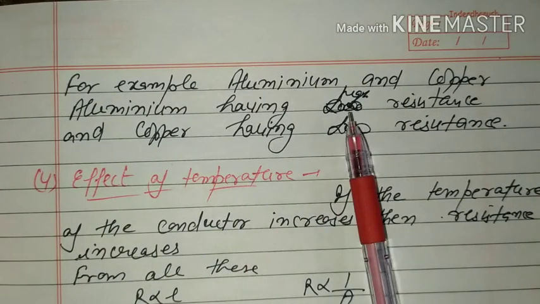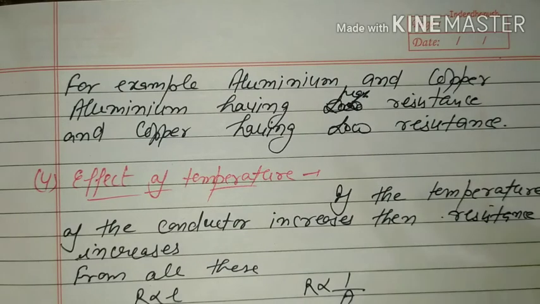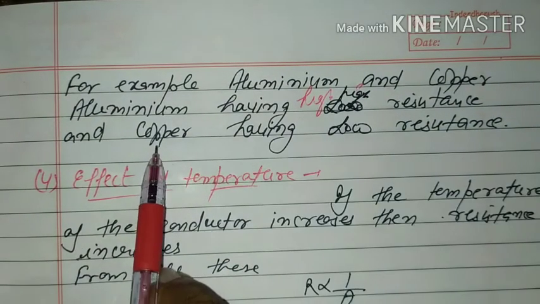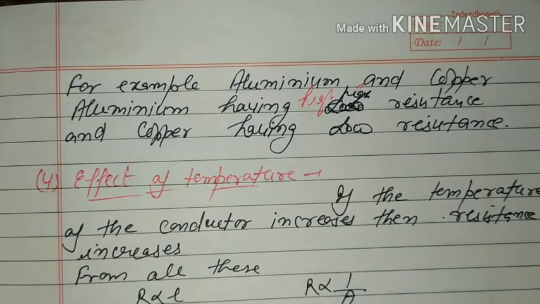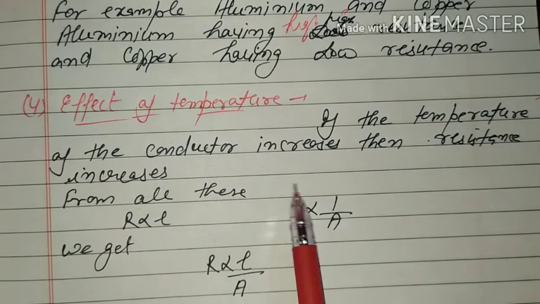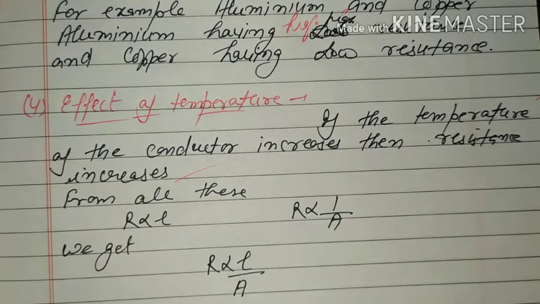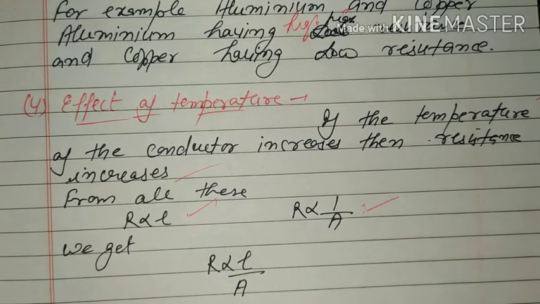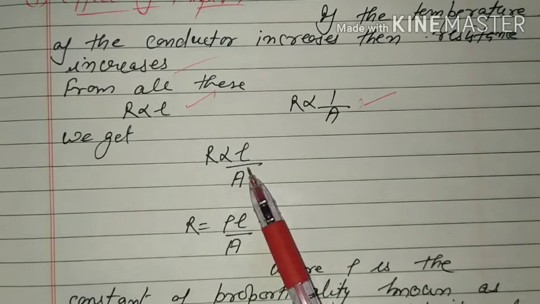Aluminium has high resistance and copper has low resistance. Now, the effect of temperature: as the temperature increases, the resistance also increases. So first is length, second is area of cross section, and resistance is proportional to L by A.